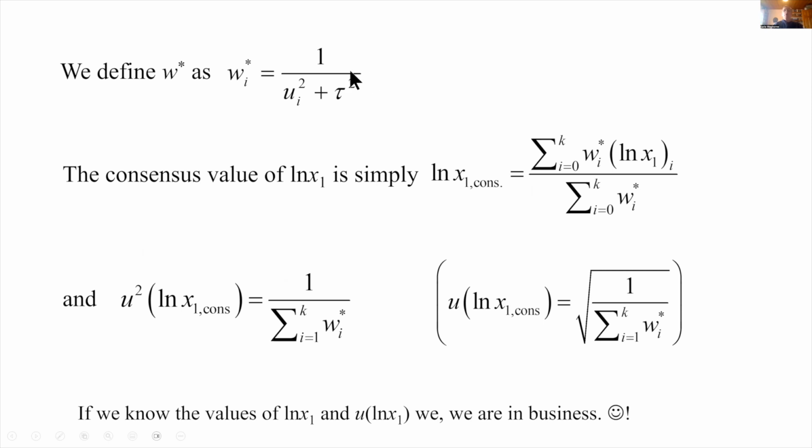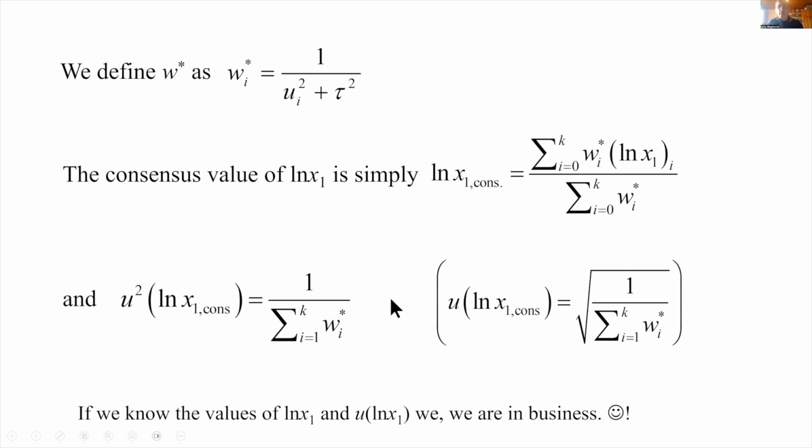This is the variance between the data sets. And so our consensus value is simply the sum of W star times the experimental values divided by the sum of the W star. So it's a weighted average, weighted in terms of W star, of the experimental values. That's not too bad.